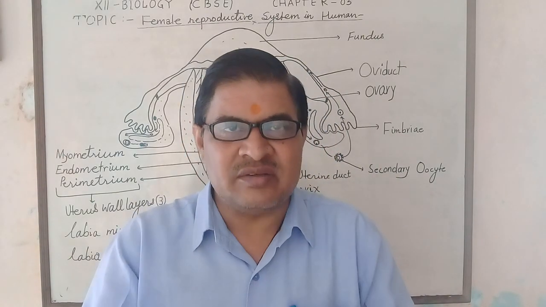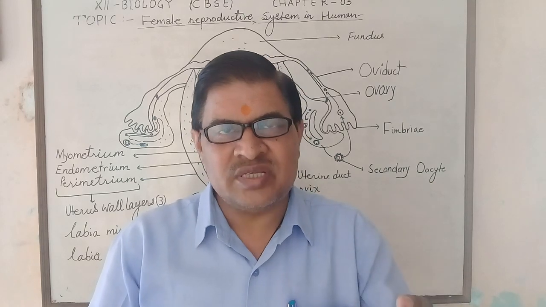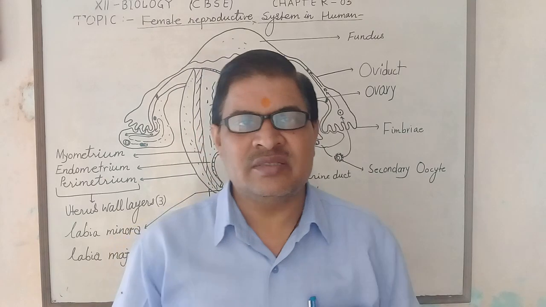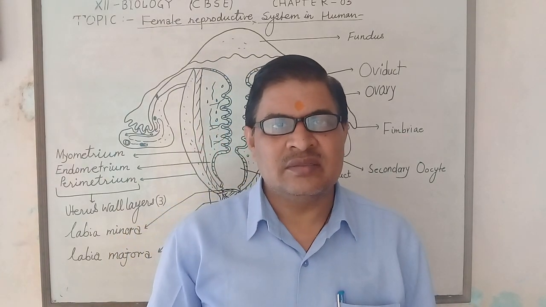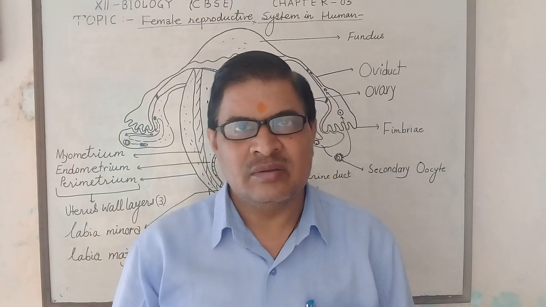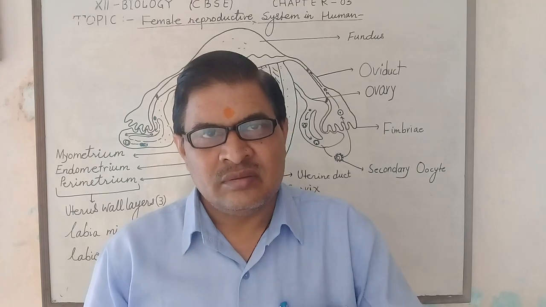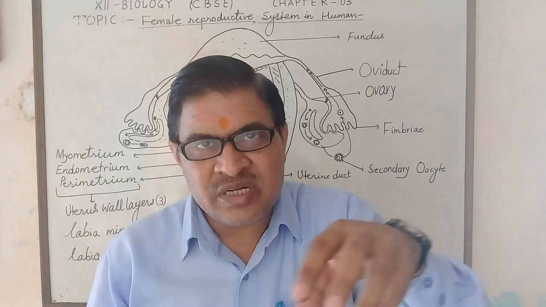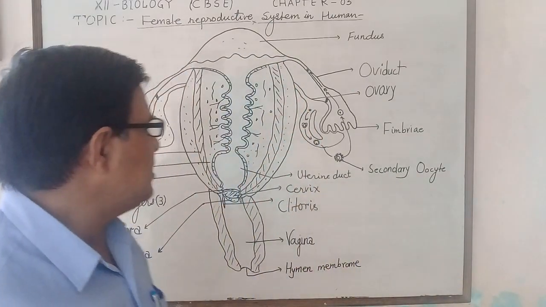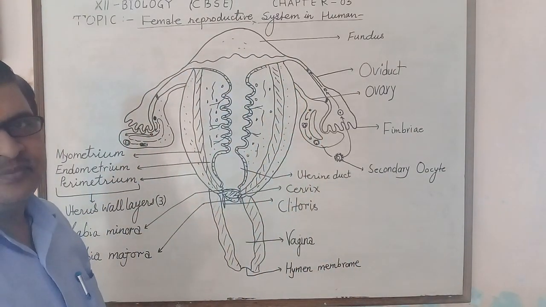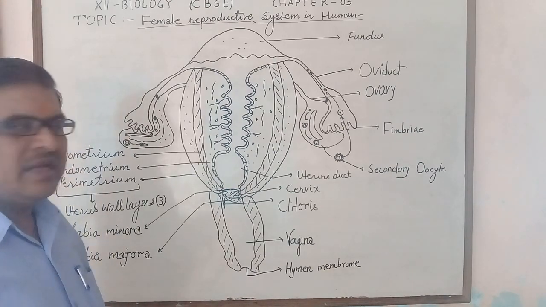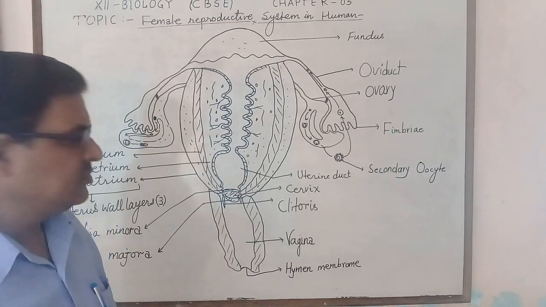The attachment of the blastocyst with the uterus wall is called implantation. Implantation occurs at the 32 cell stage.